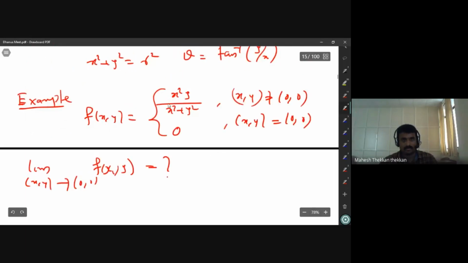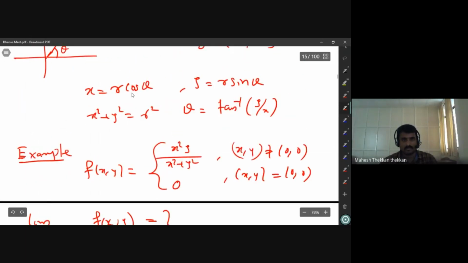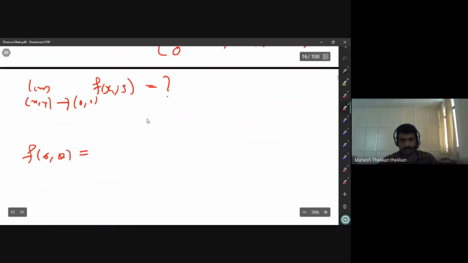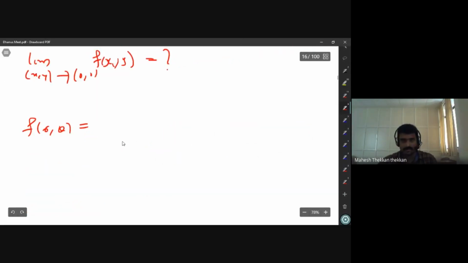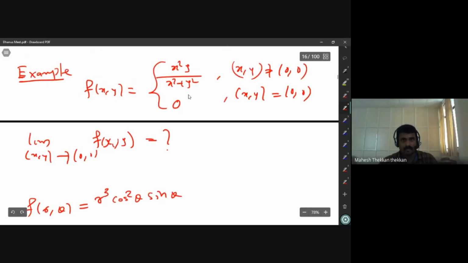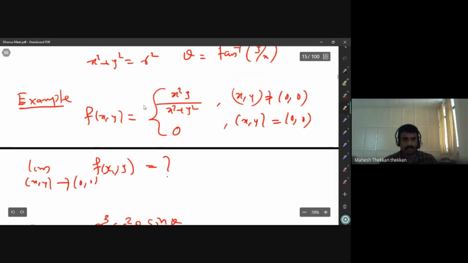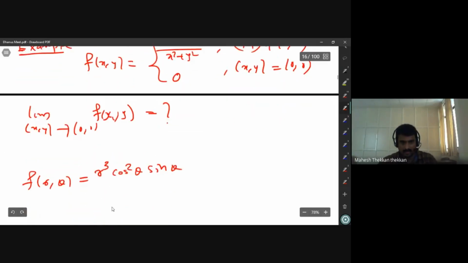What is this f of r comma theta? I substitute x equal to r cos theta, so x square becomes r square cos square theta, and y is r sin theta. Totally in the numerator I get r cube cos square theta sin theta, and in the denominator x square plus y square, that is r square.